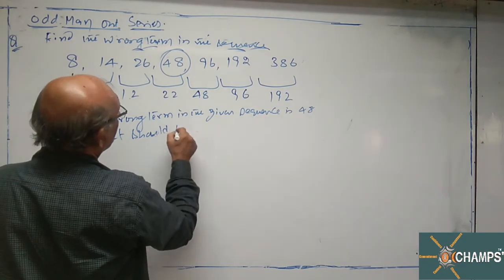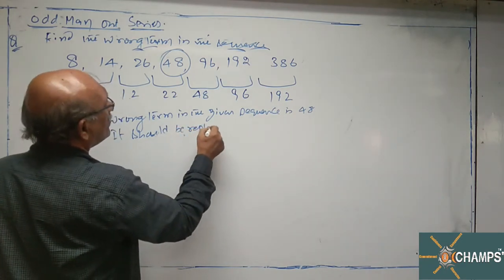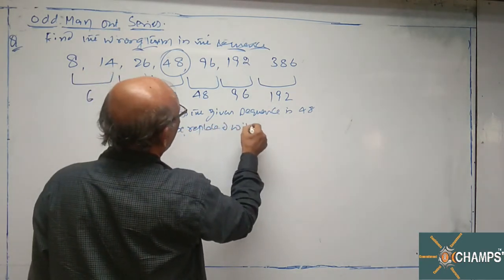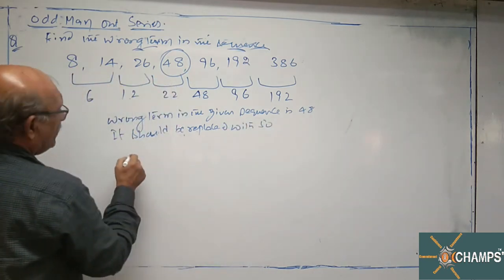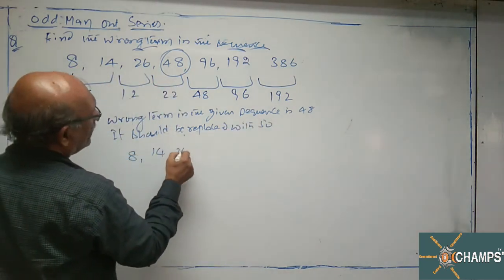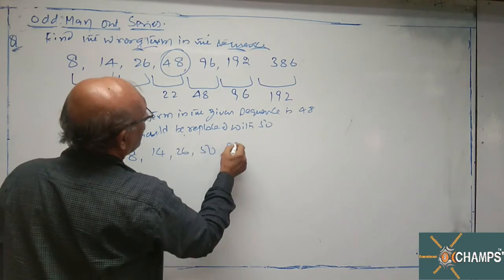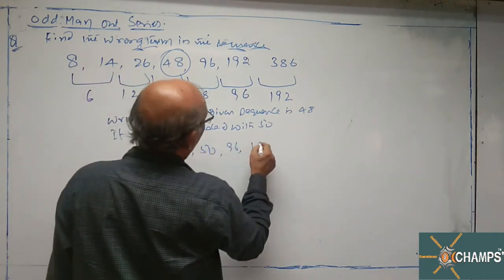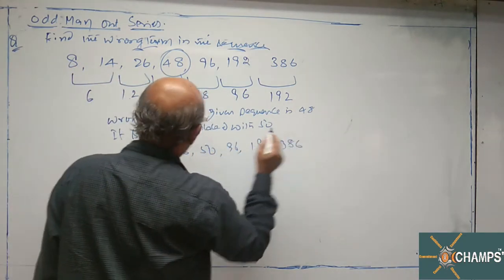It should be replaced with 50. So let me check. 8, 14, 26, 50, 96, 192, 386.